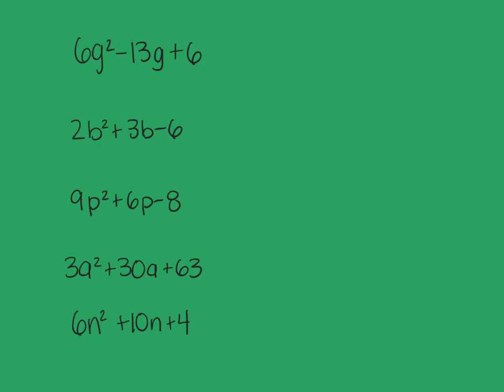If they can, then go ahead and first divide that out. If they can't, then use the AC method. So there is at least one problem here, actually a couple, that we can factor like what we did yesterday. They have a common factor in all three terms. So be sure you're thinking about that as well. You can pause the video when you're done. I'll show the answers. That way you can check your work.